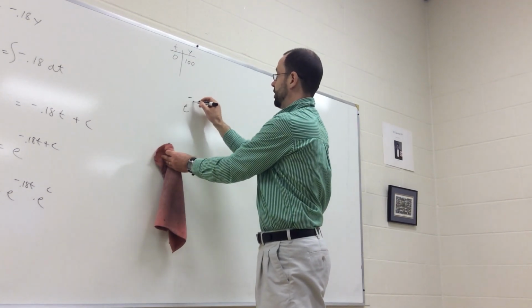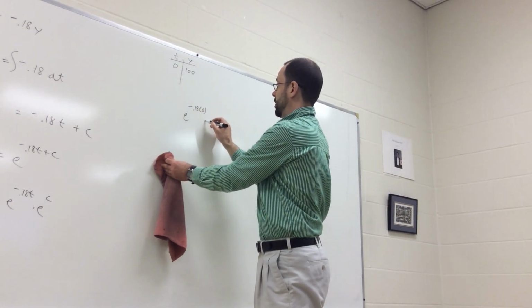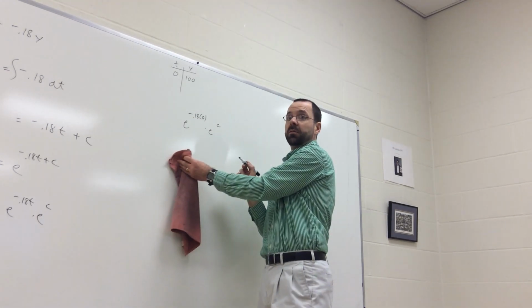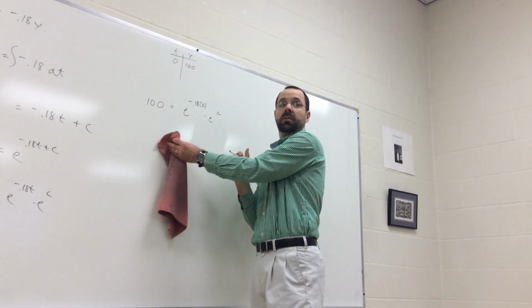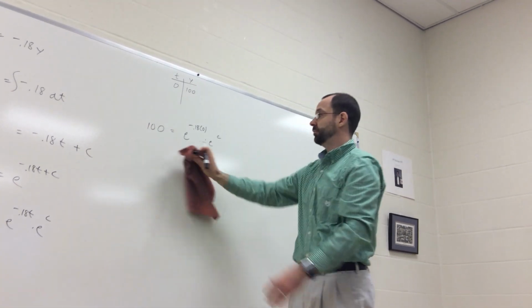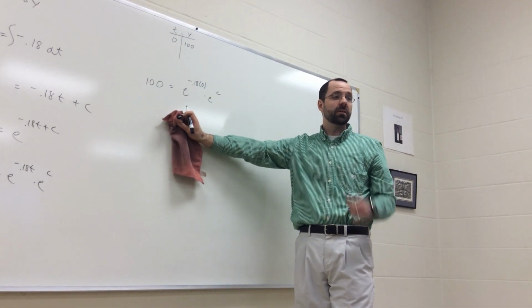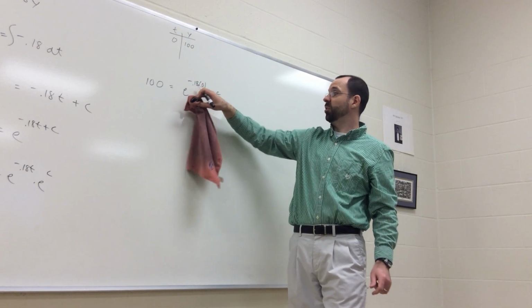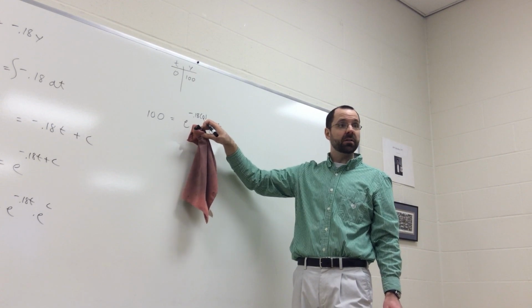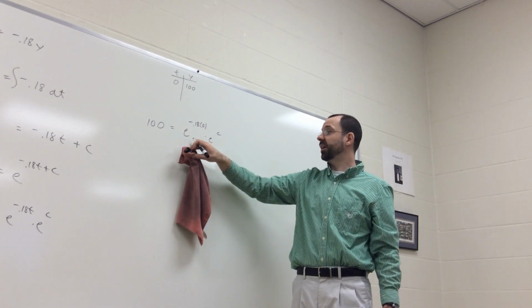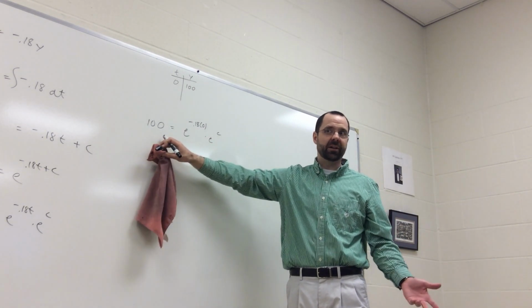Okay, so if I have (0, 100), that means that if I put a 0 into this formula for T, I'm supposed to get 100 out. Negative 0.18 times 0 is 0. E to the 0 is 1. And then I could divide by the 1 and get 100.